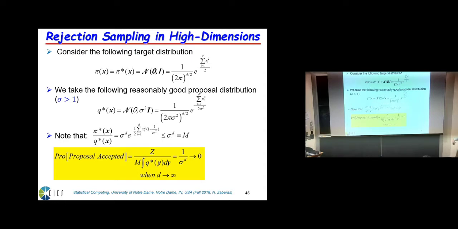So the higher the dimension, the less useful the method is, because every sample effectively would be rejected because the acceptance probability is 0. That's an artificial example, but somehow these particular choices of pi and q are used almost in all Monte Carlo methods to verify if something works or not, right? Simply because they are trivial. So be sure you do that too. Okay? All right.